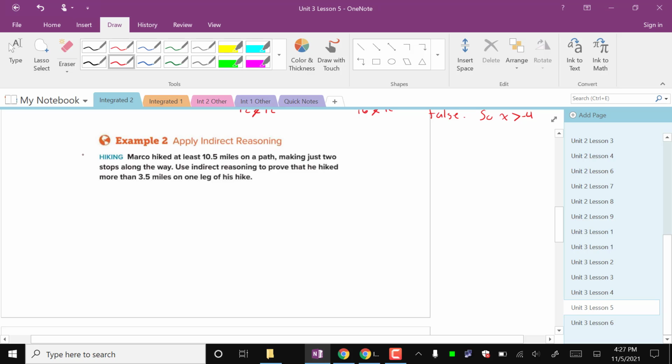So our given is he starts off the hike, he makes a stop. He does more of the hike, he makes a second stop. He does the rest of his hike, all this totaling more than 10.5 miles.